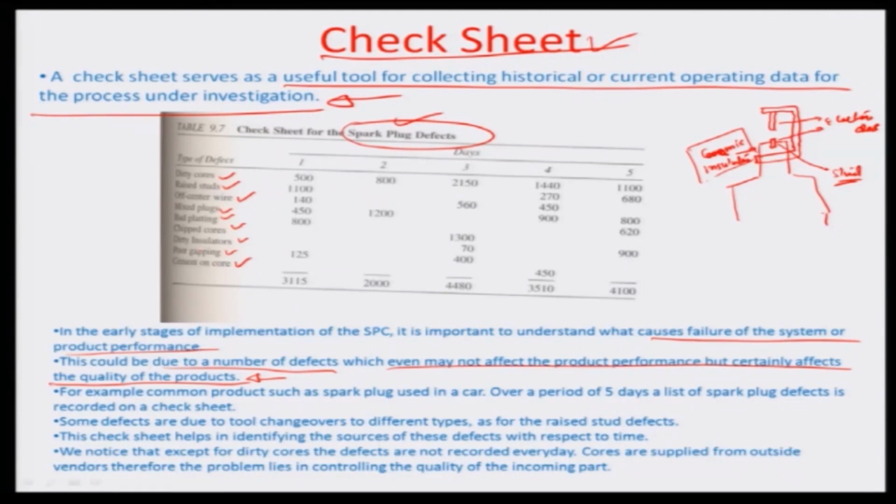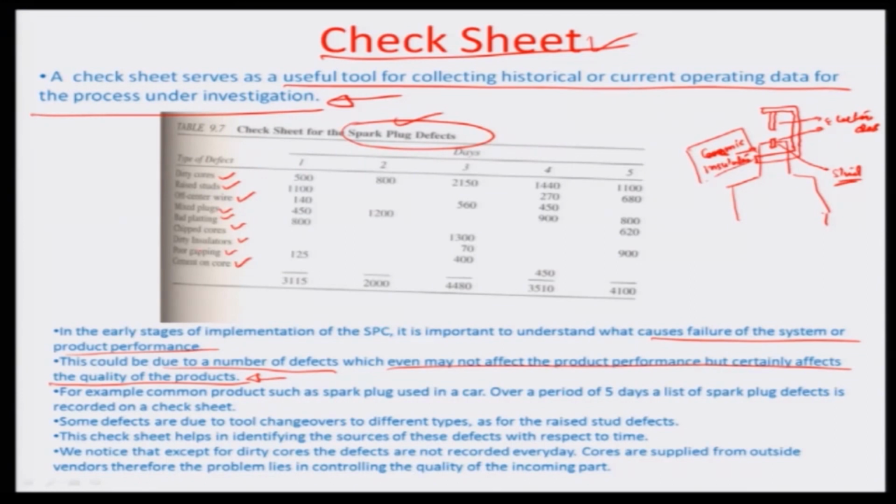So there may be also problems related to the cores. The cores can be dirty. The cores are basically the ceramic cores that we are talking about here. They can be dirty, they can be also probably chipped, so there may be some possibility that the ceramic housing is, because of the handling issues etc., broken at certain places and chipped at certain places.